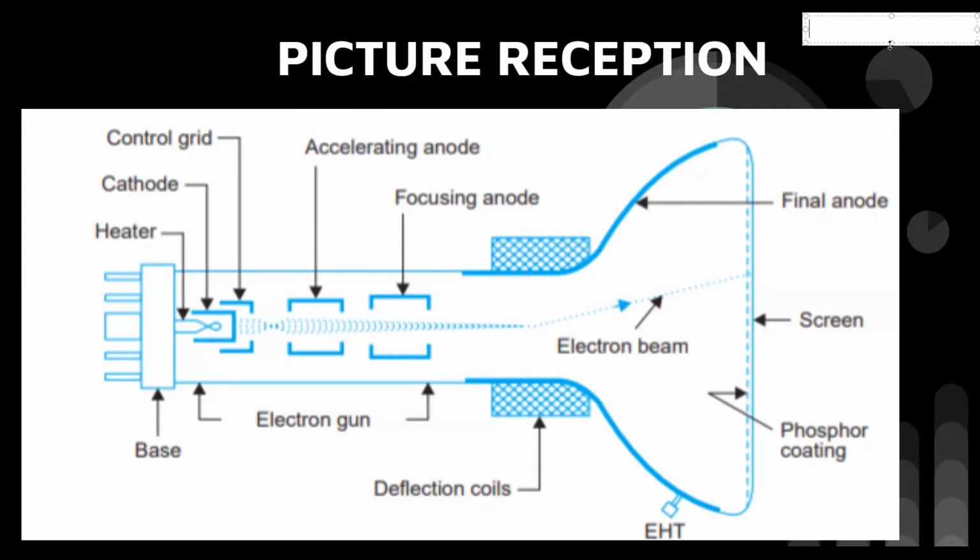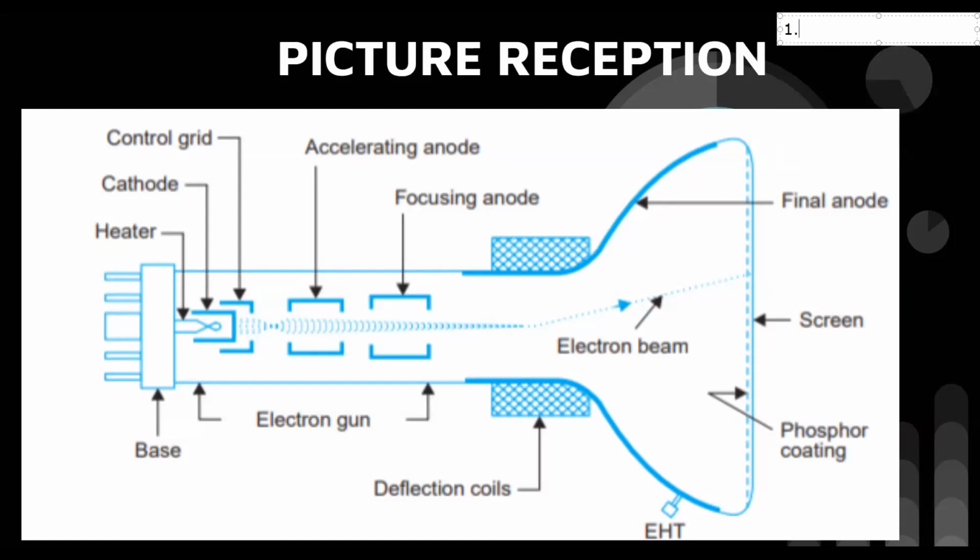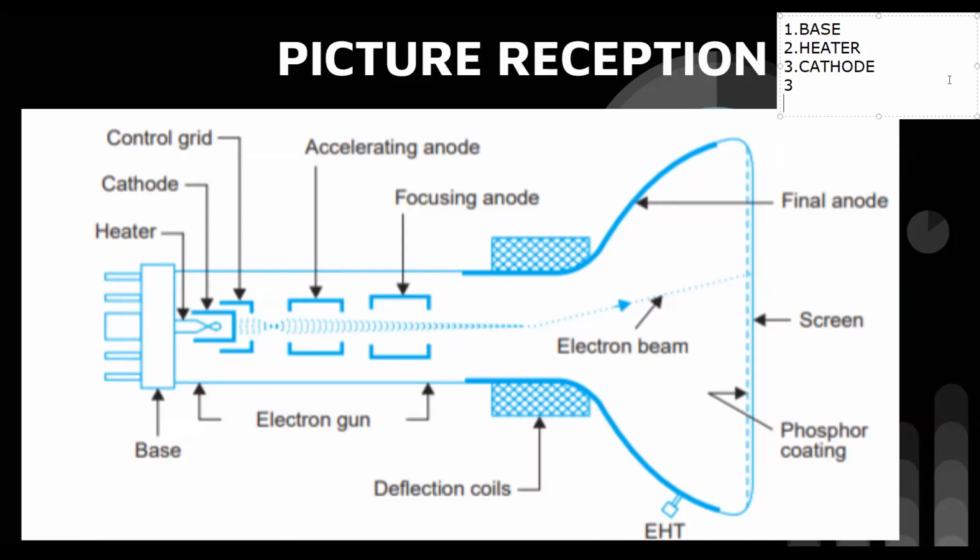You are familiar with the cathode ray tube, and you can visualize it. You have the base material, next the heater, then the cathode material. Then the control grid is available.